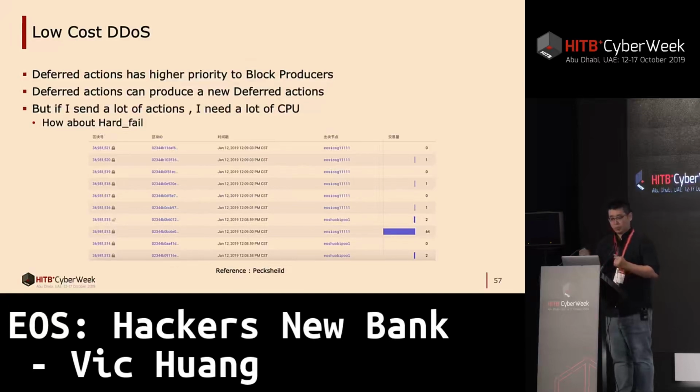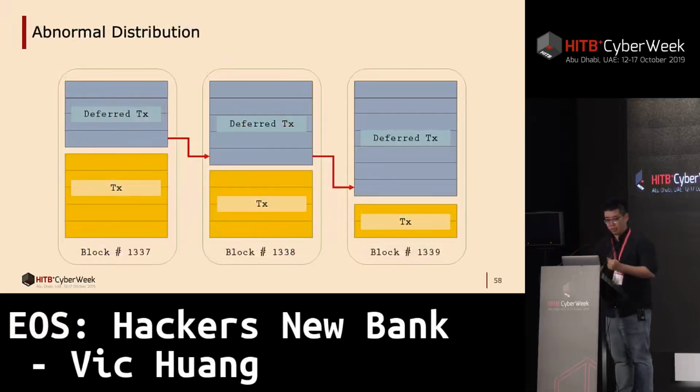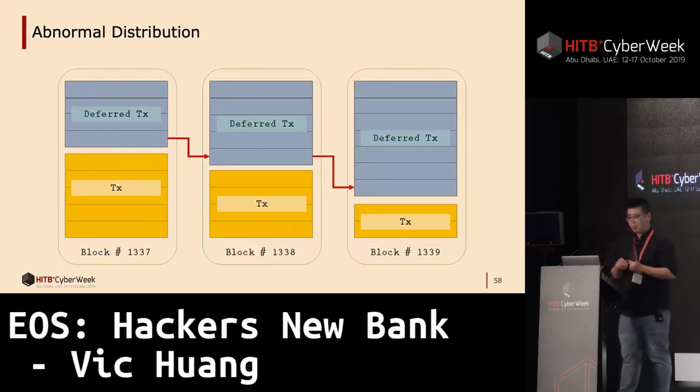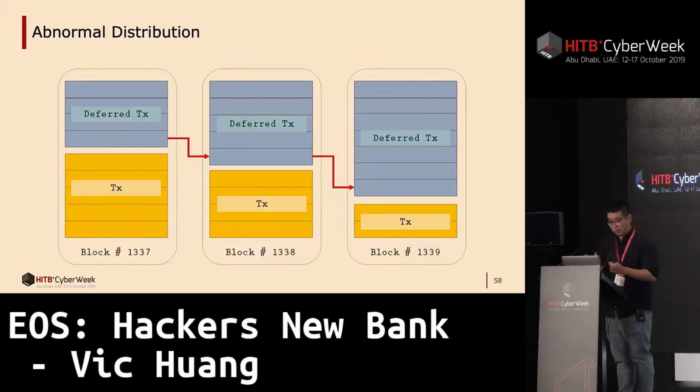But if we want to send a lot of actions, we need a lot of CPU. But if we make it hard fail, the CPU will be returned to you. So this is abnormal distribution.